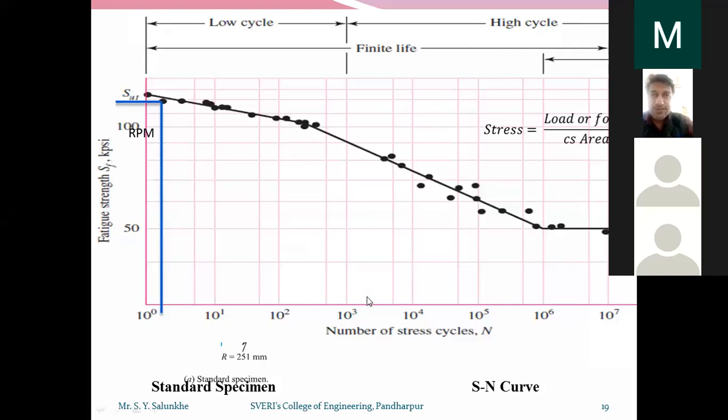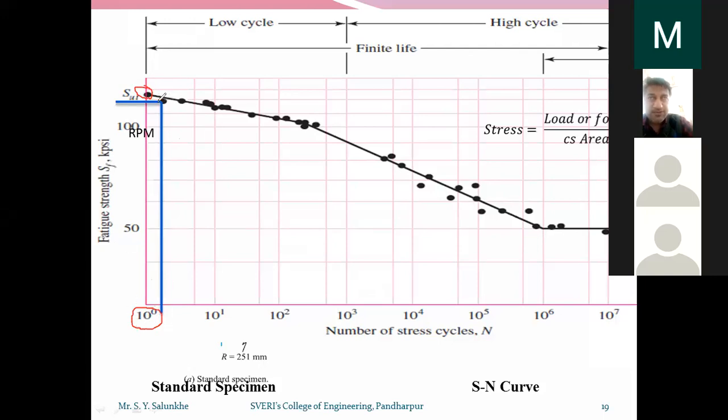In the case of this S-N curve, exactly what we are going to do is we can go in reverse manner also. That is, we can use the ultimate stress, which generally occurs in the case of brittle materials. We can apply that much stress on the standard specimen. Definitely, without completing any cycle, that specimen is going to break. It is a fatigue failure, suddenly it will fail.